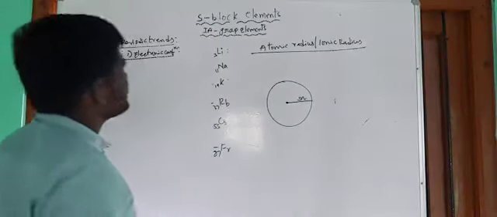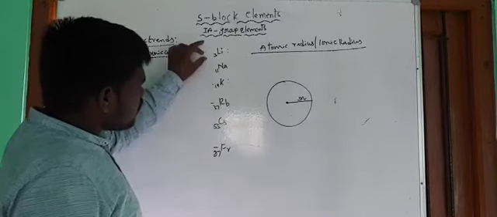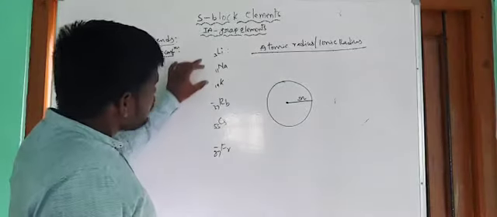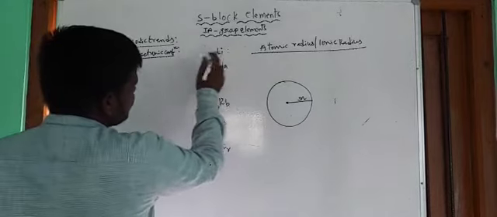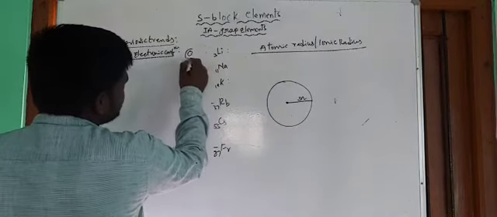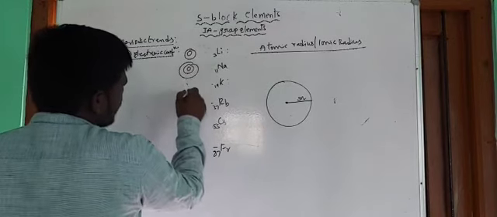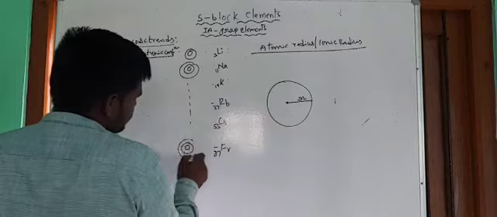So now you see guys here, from lithium to francium, the atomic number increases, and the number of shells also increases. In lithium only 2 shells are present, and sodium contains 3 shells. Like that, francium contains 7 shells.